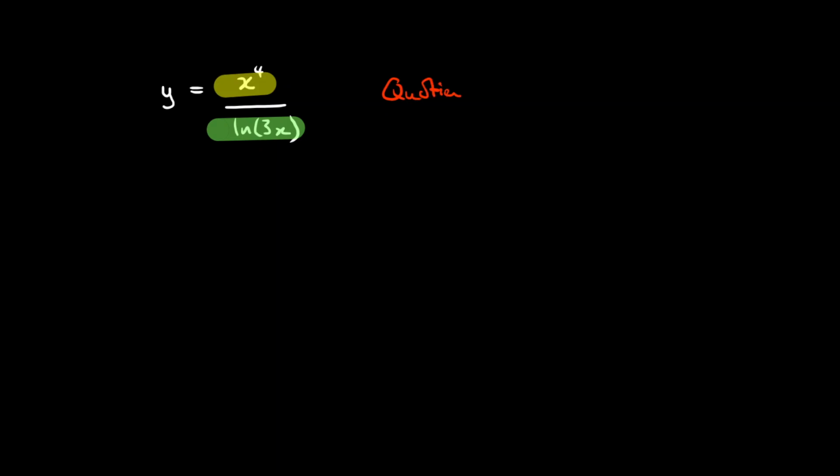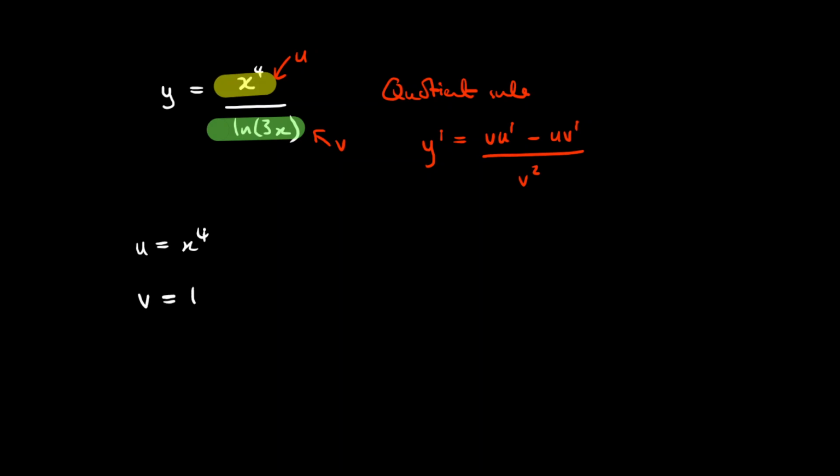The quotient rule is (v du/dx minus u dv/dx) all over v squared. So our top function there is u, our bottom function is v. So we're going to have to first differentiate both of those. So u is equal to x to the 4, and v is equal to ln(3x).